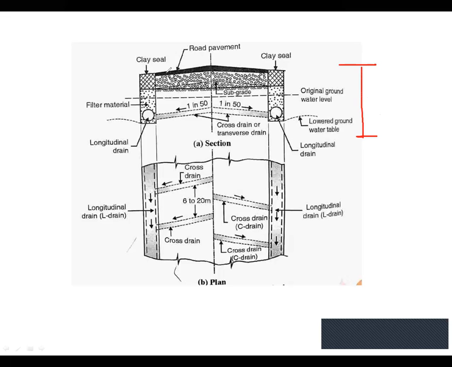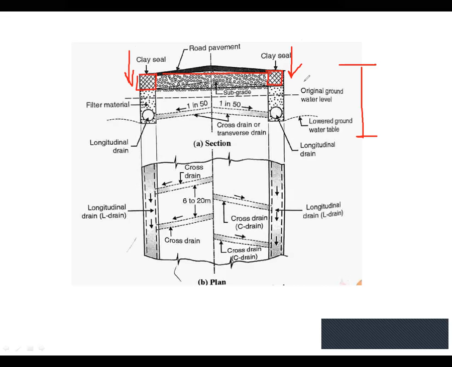Here this portion is the road pavement, which is a pavement of bitumen or concrete, etc. Then a clay seal, a whole layer of clay, is provided. Why is clay provided? Clay is an impervious material.